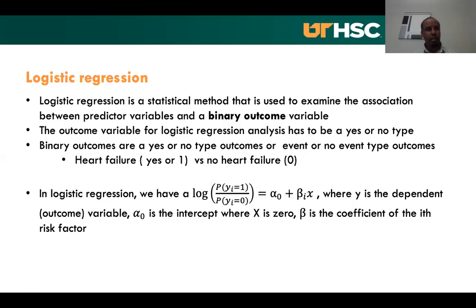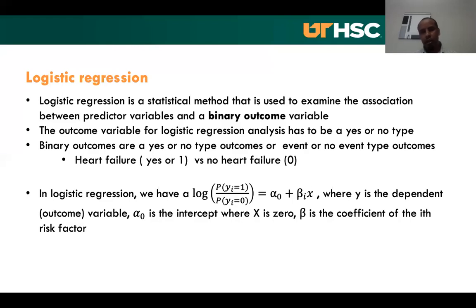Sometimes, if the predictor variables are continuous, like BMI, blood pressure, or cholesterol levels, there is no case where we have a 0 value, but we can have a reference value. When we have the reference value for the predictor of interest, we have the intercept.